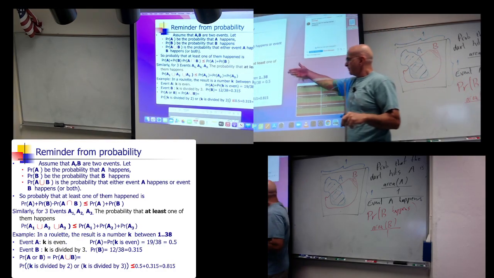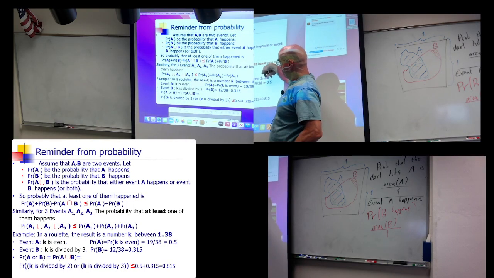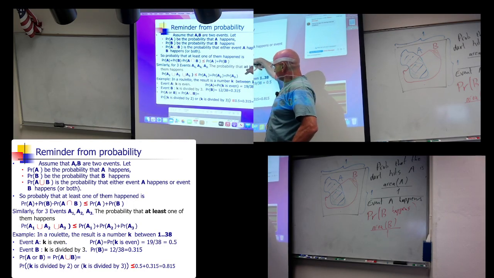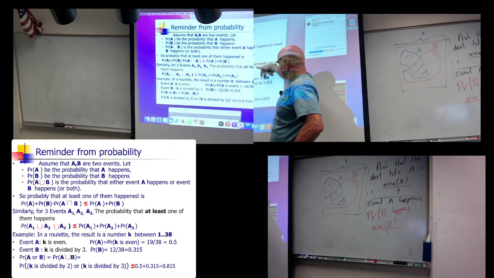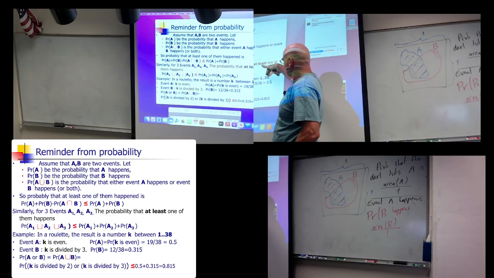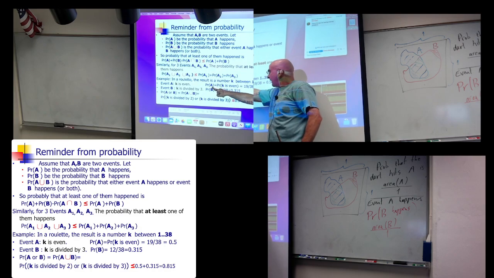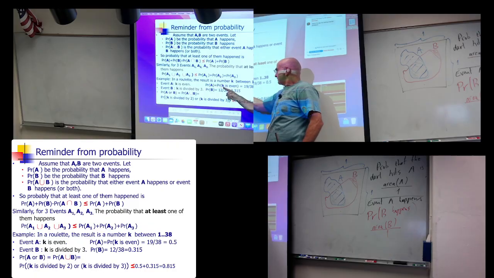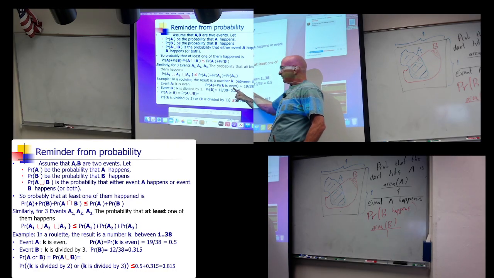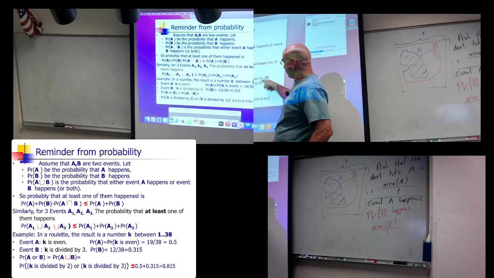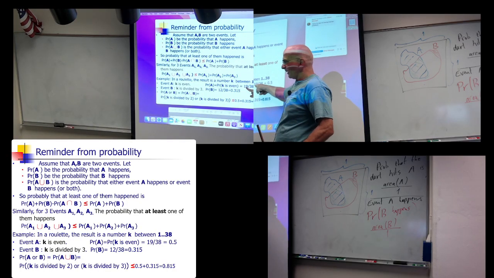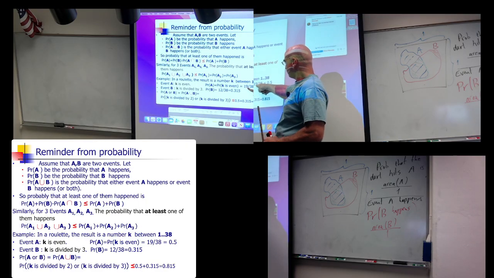Quick example of union bound events. In a roulette, American roulette at least, you're getting the result of a number K, which is hopefully uniformly distributed between 1 and 38. You can declare the event A to be that the number that you hit is even. Between 1 and 38, there are exactly 19 even numbers.